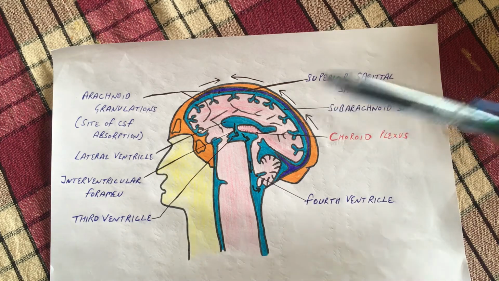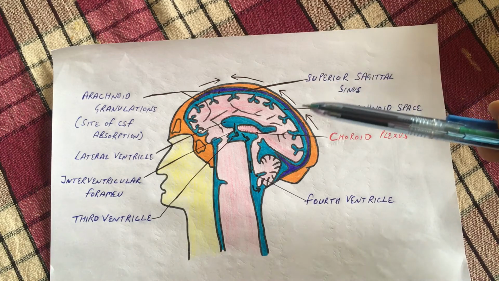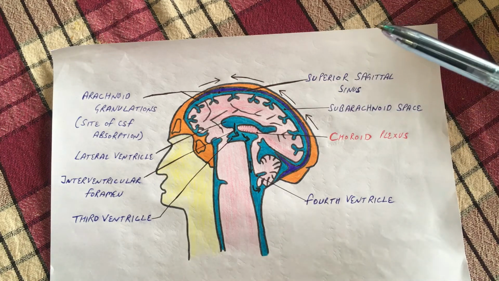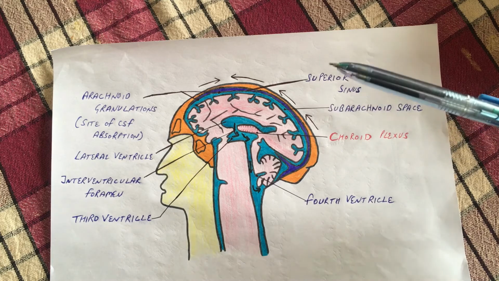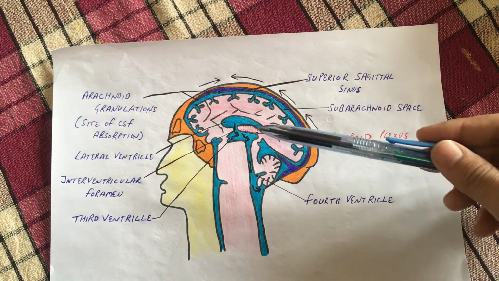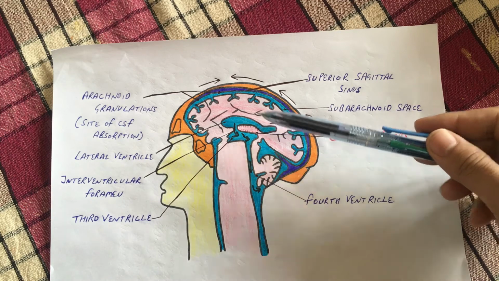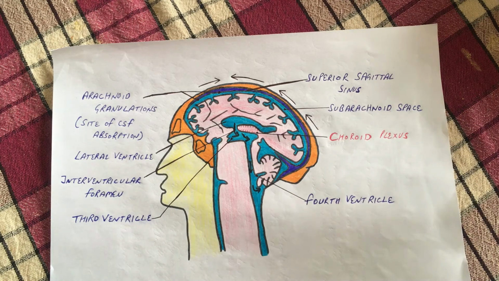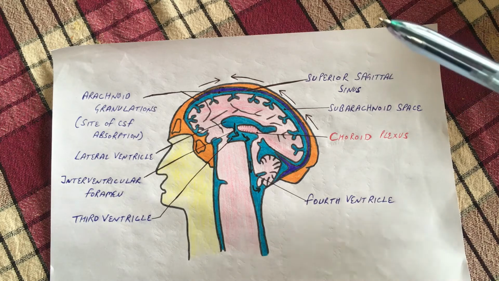Now coming to the function of CSF. CSF provides a fluid cushion to the brain, which helps protect the brain from injury. It also helps in carrying nutrition to the brain, and also removes the waste products from the brain. So these are the two main functions of the CSF.